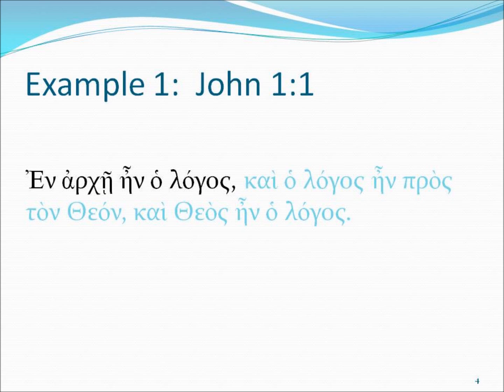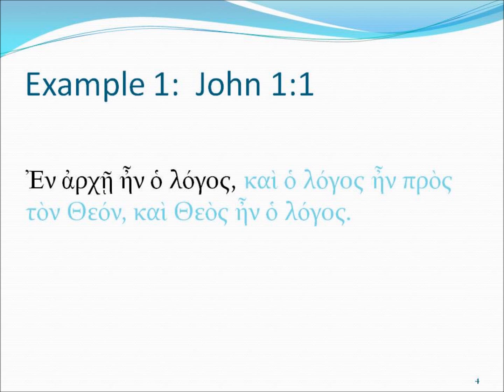Let's take a look at the first cluster of words. En arche ein ho logos. Several things you should take note of other than the letters themselves. The smooth breather marks are above the N in en, the alpha in arche, and the eta in ein.